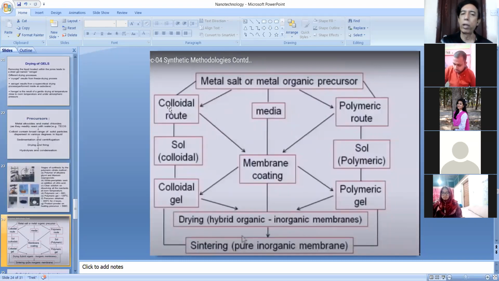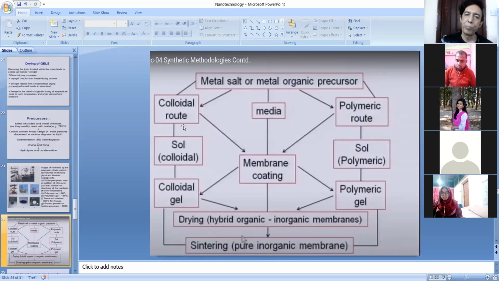And in the colloidal route, you will get a colloidal sol and a colloidal gel. And at the time of drying, both of these will give you the same product.